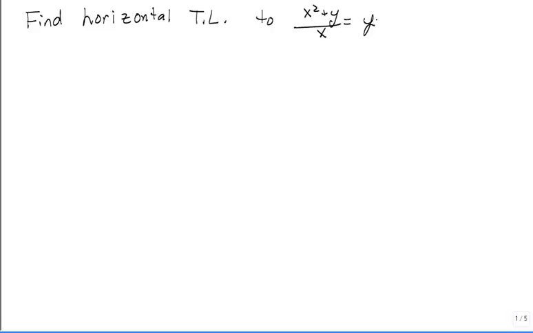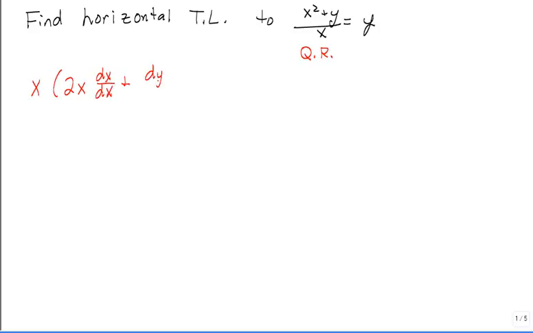Let's try one more. Again, the more you practice this, the easier it gets. Find the horizontal tangent line to x squared. Let's just find the x value. Okay, here you have to notice, take your time and look, and that's the quotient rule. So we have the denominator times the derivative of the numerator.